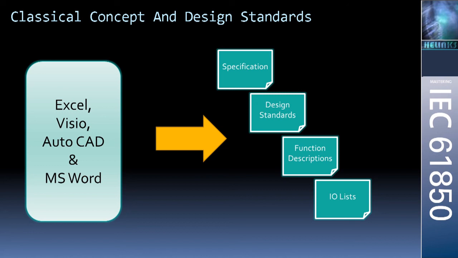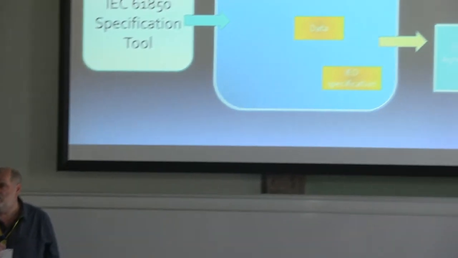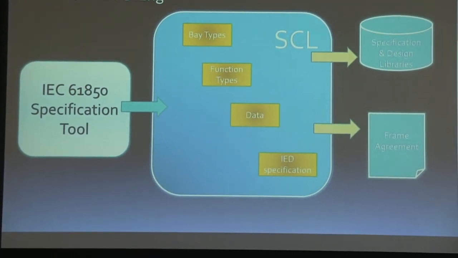And to come from such textual descriptions to engineering files is quite a long way, and a lot has to be done in between. If you are using the principle that I've shown at the beginning to do the same work, then we have a kind of 61850 specification tool which is aware of the formal representation in SCL, and then we can use this formalized language to define our function types, which contain the logical nodes, grouping the logical nodes.